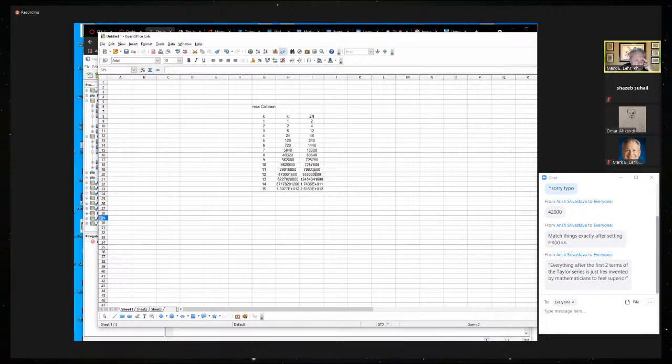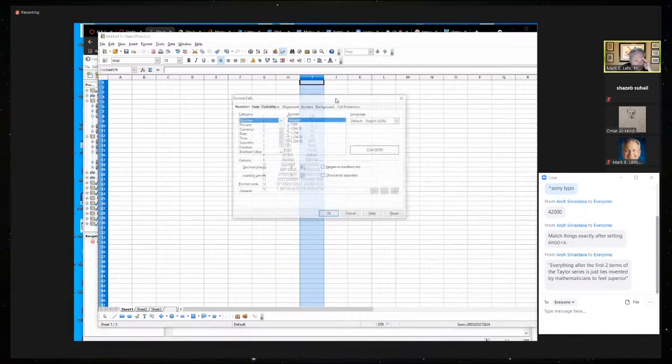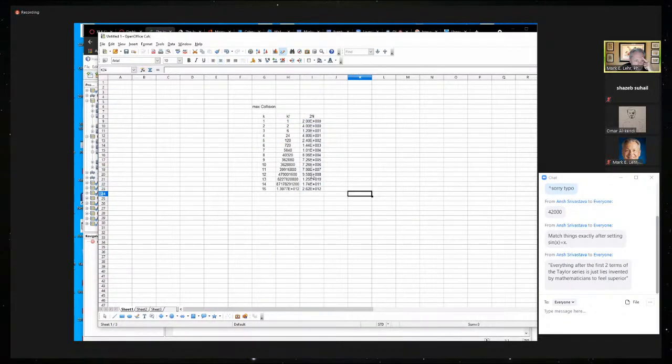So let's see, where's 8 billion? Maybe I should put this in scientific notation so I can read it. Okay, so here is 9 billion.